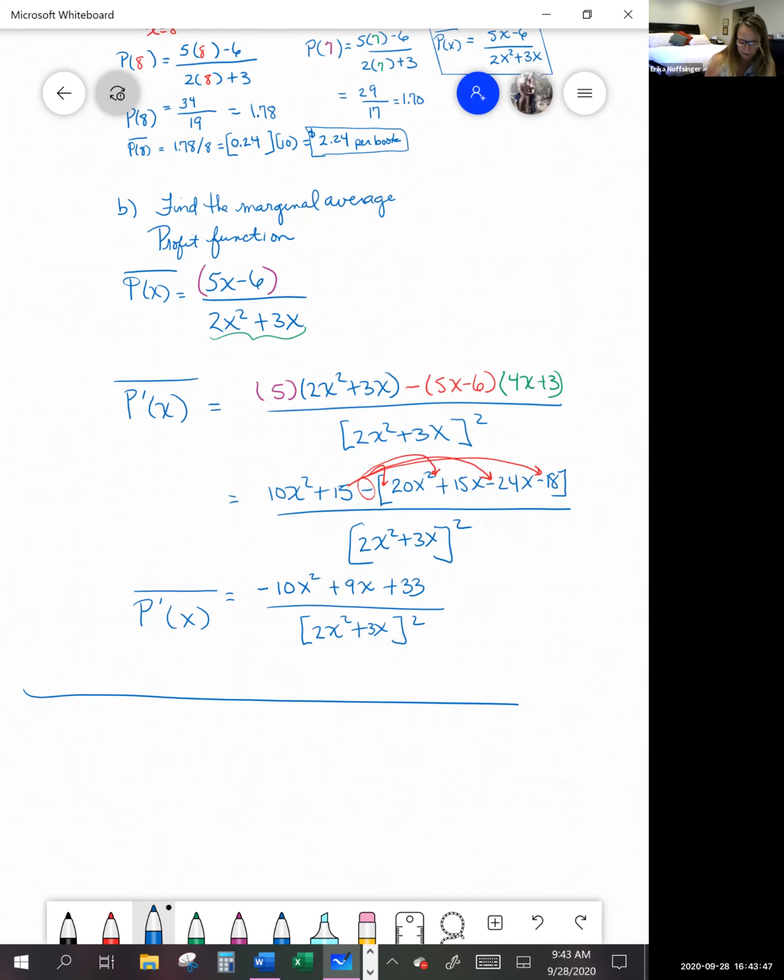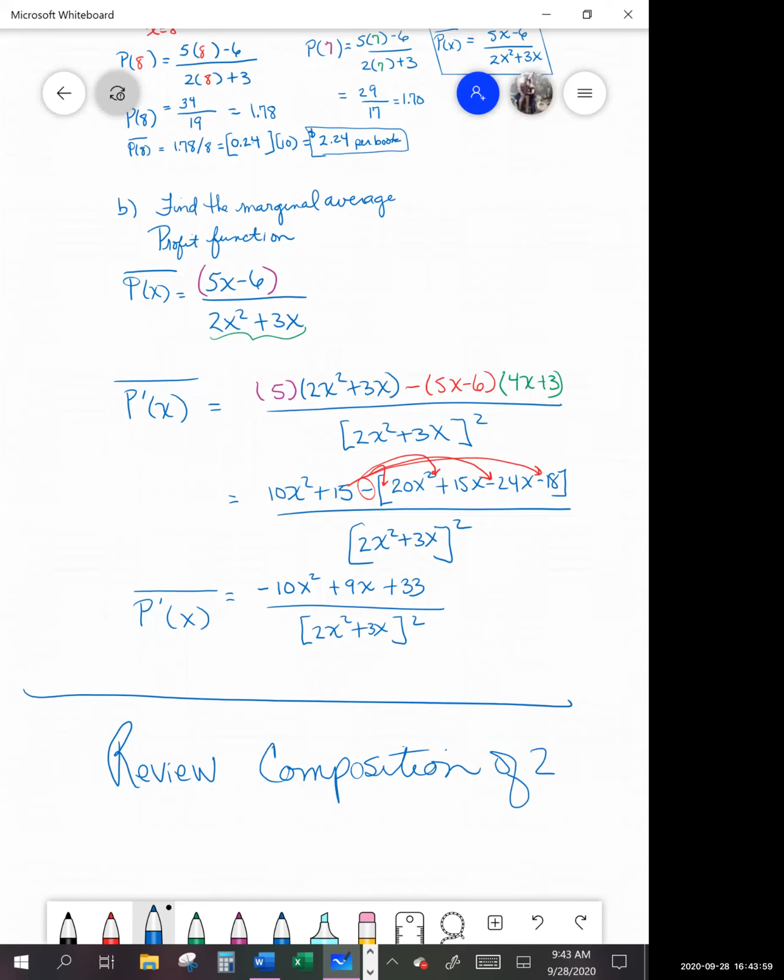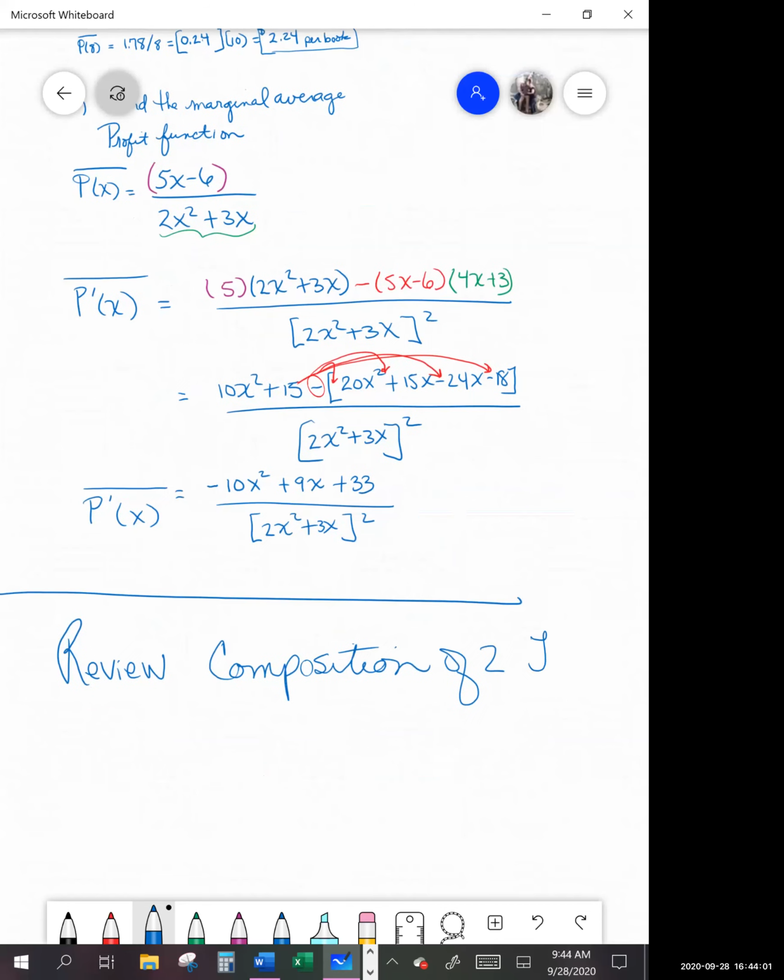So good review. Composition of two functions.